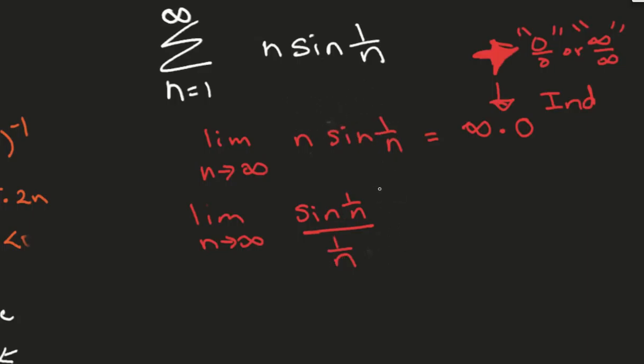Now, at this point, you do get 0 over 0, and your first gut response might be to do L'Hopital's rule. But you should remember a Calc 1 identity. Do you remember your identity? There's an identity with limits to do with sine.